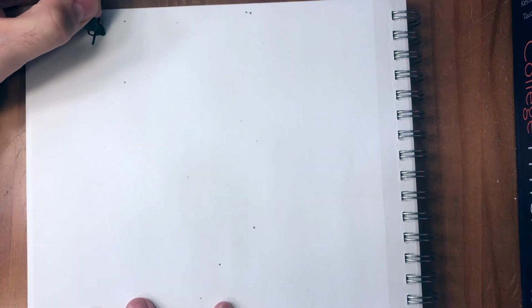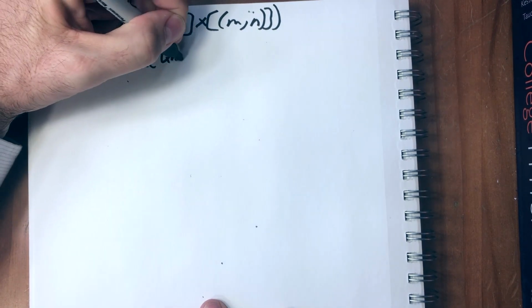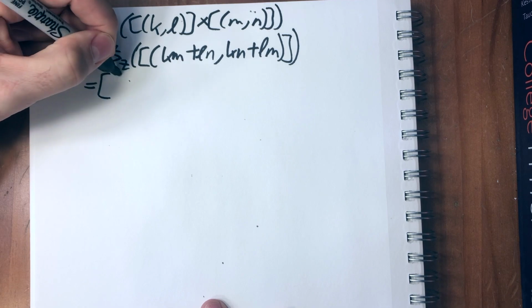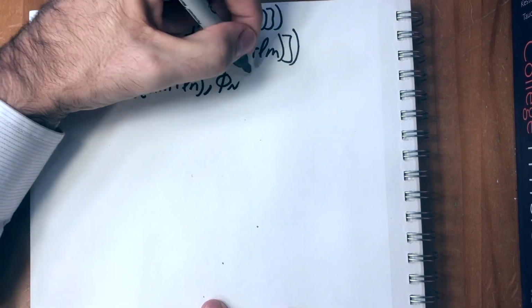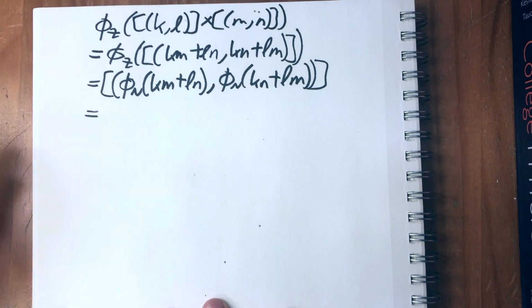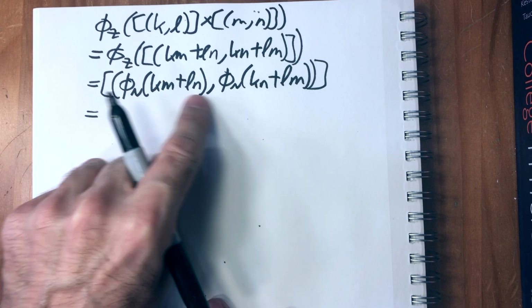Again, we start with doing the multiplication in x. Apply the definition of multiplication for integers in x. Now we apply the definition of phi z. That's the definition of our new map. Now we're going to just expand this a little bit. So first we're going to use the additive property of the natural map.